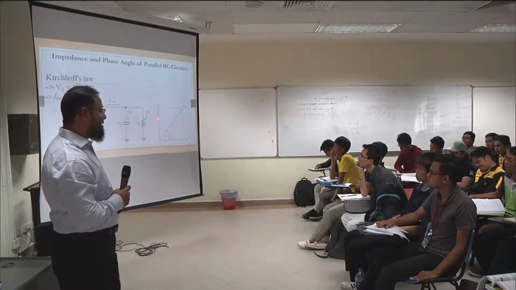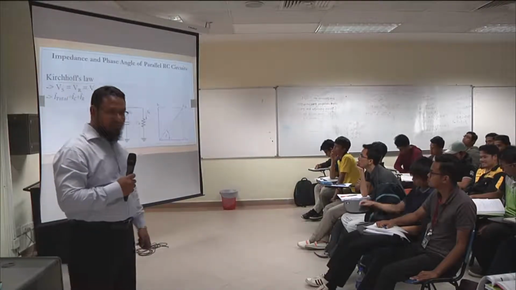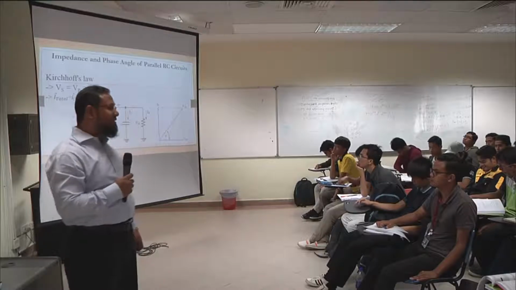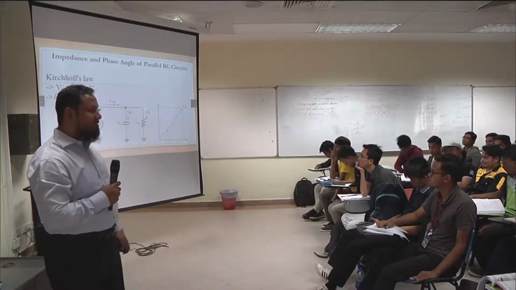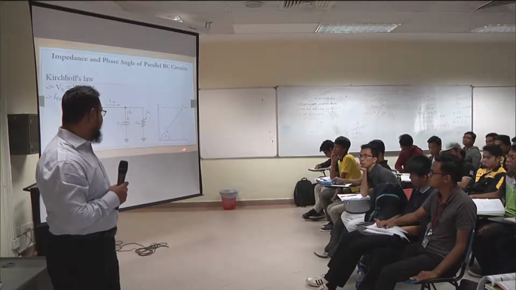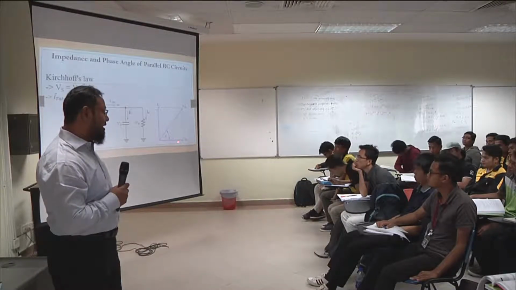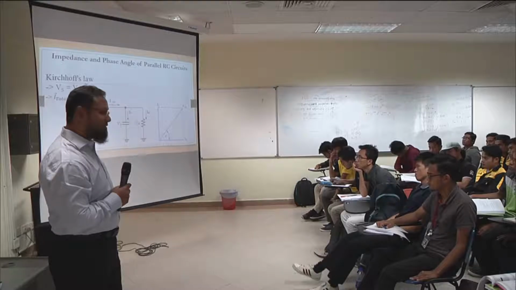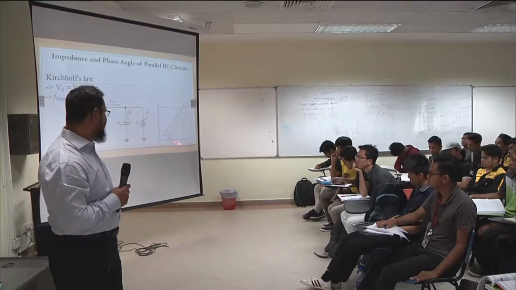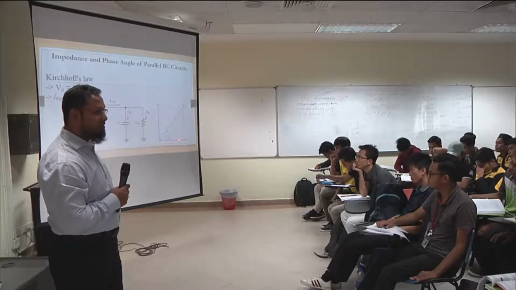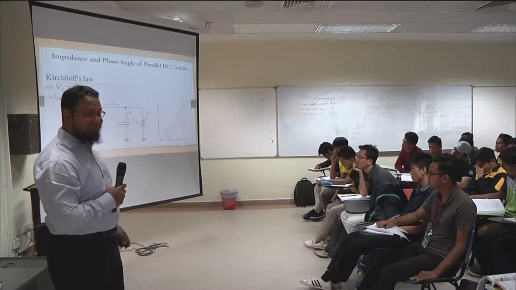So what about IC? Remember, the current in the capacitor leads the voltage across it by 90 degrees. IR and Vs are in the same phase, so since IR is here, Vs is here as well, lying along the x-axis.